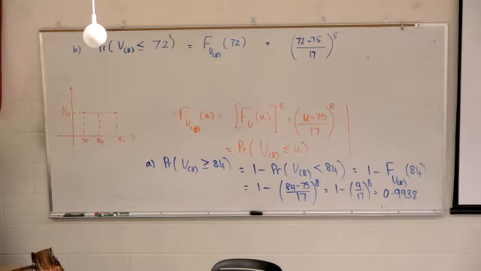We cannot have a negative number. Well, it won't be once we raise it to the 8. Oh, I'm talking about the inside. Oh yeah, sure. 72 minus 75 divided by 17. So 72 minus 75 is negative 3, yes?